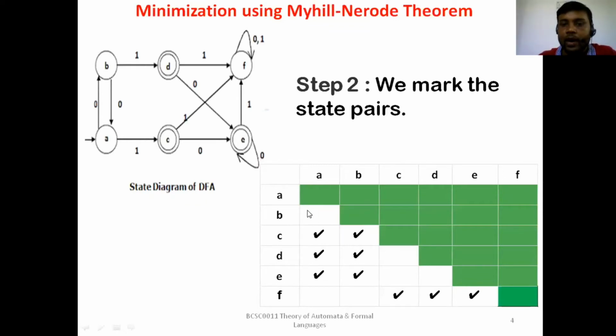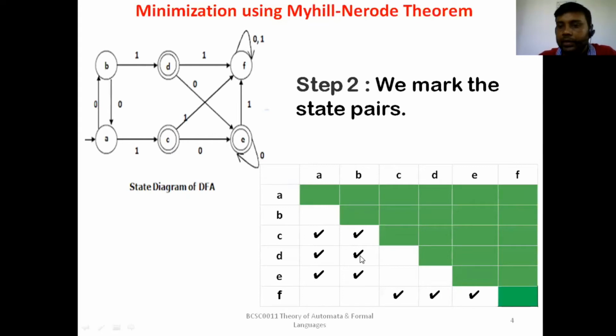In the same way, we have not marked the pair AB. This cell represents the pair AB, and the AB pair has not been marked because A and B both belong to the set of non-final states. In the same way, we have marked BC because B is non-final and C is a final state.